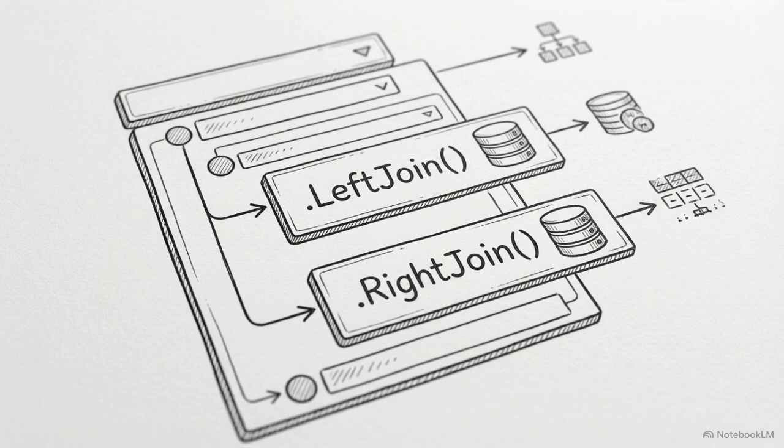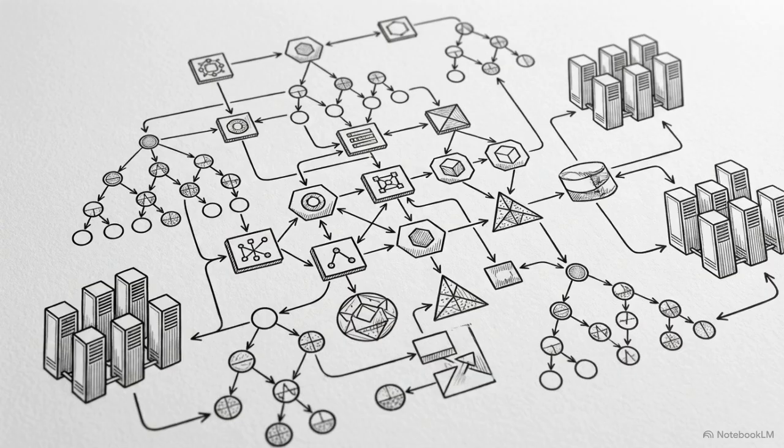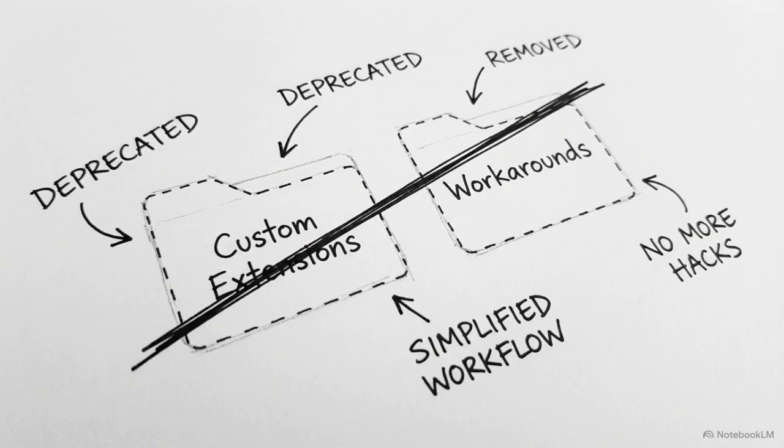LeftJoin and RightJoin are now native, first-class operators that guarantee clean, indexable SQL generation without the syntactic noise. The base class library also directly integrates System.Linq.Async, bringing full async enumerable support to your queries without requiring external NuGet packages. The LINQ API surface has caught up to the operational reality of modern enterprise architecture. The need for custom extension libraries and hacky workarounds is gone.